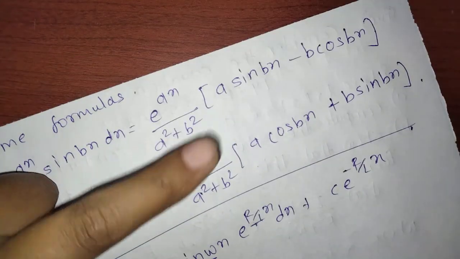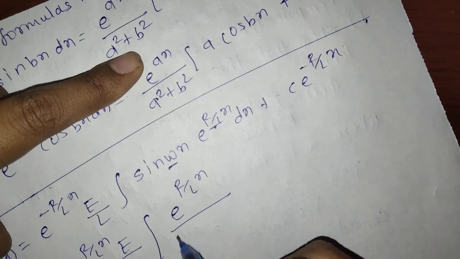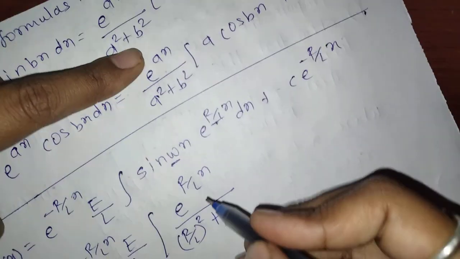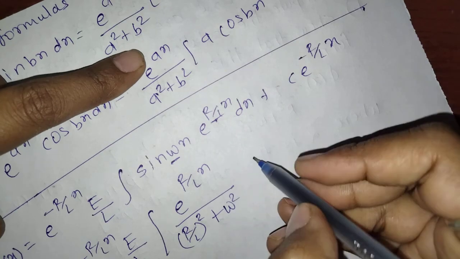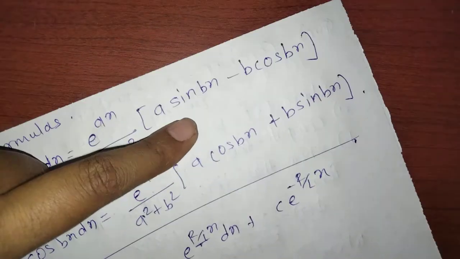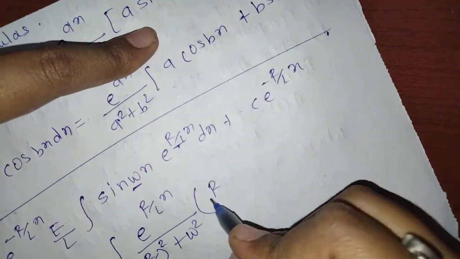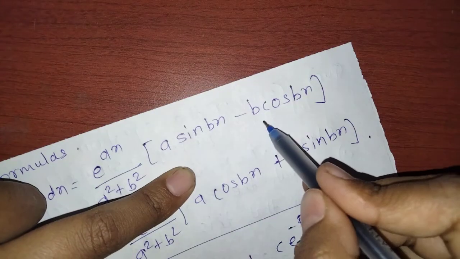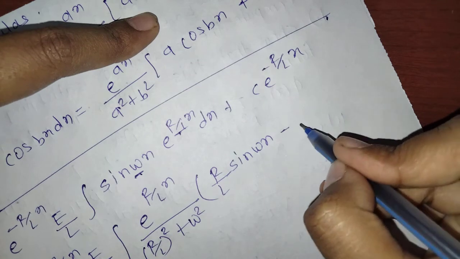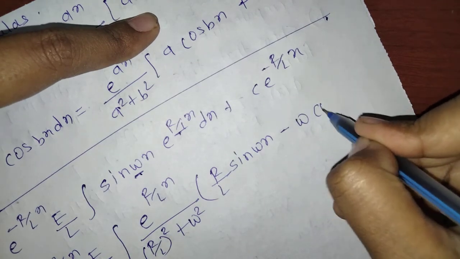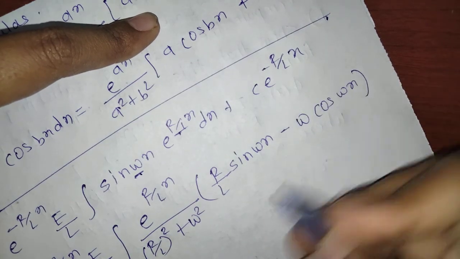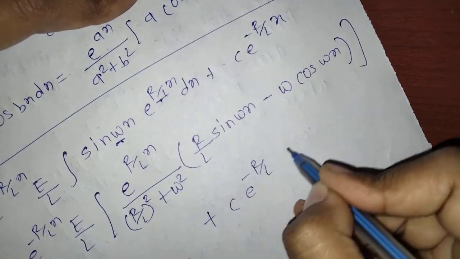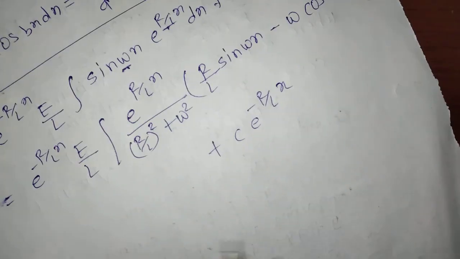So a square plus b square is nothing but (r/L) square plus w square, and a sin bx means (r/L) sin wx minus b is w into cos wx, plus c into e raised to minus (r/L)x as it is.